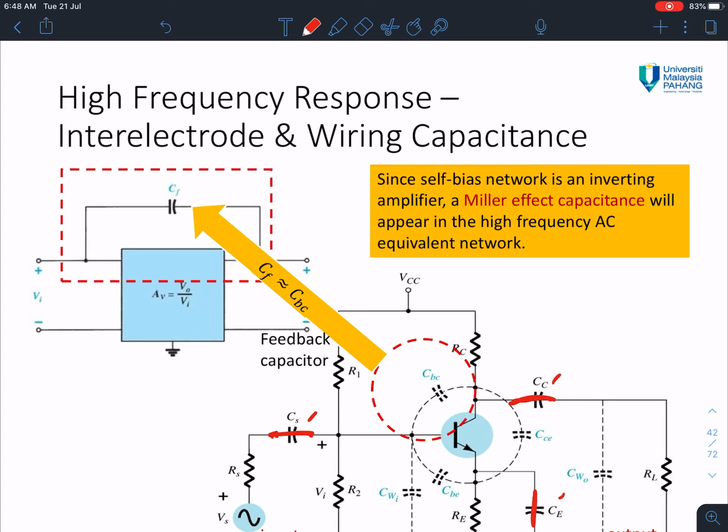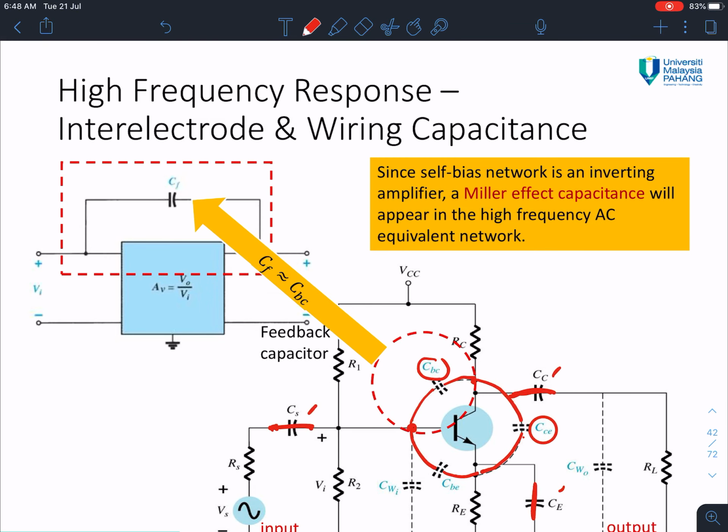Another capacitor will appear, CBC from B to C, and CBE from B to E, and we have CCE from C to E. We have these three capacitors, and another two capacitors: CW in at the input side and CW out at the output side.